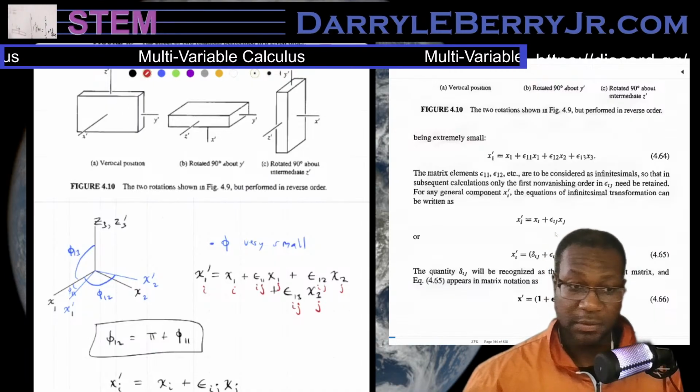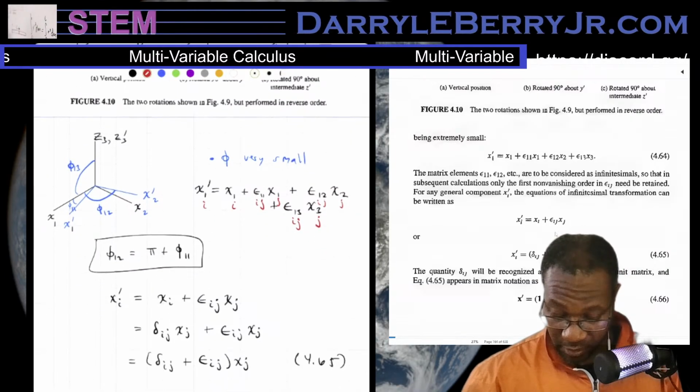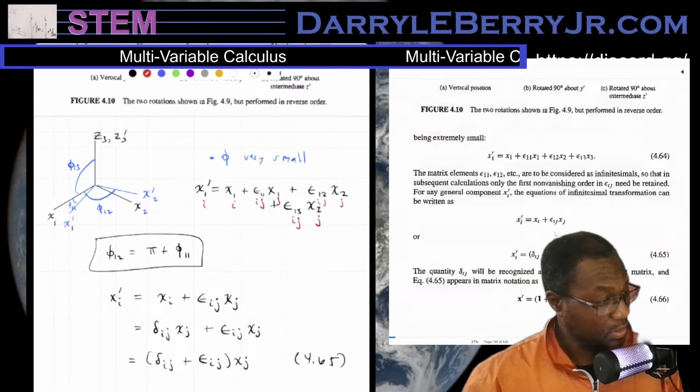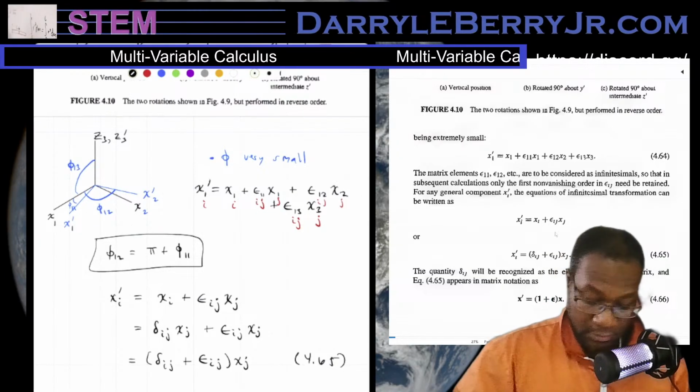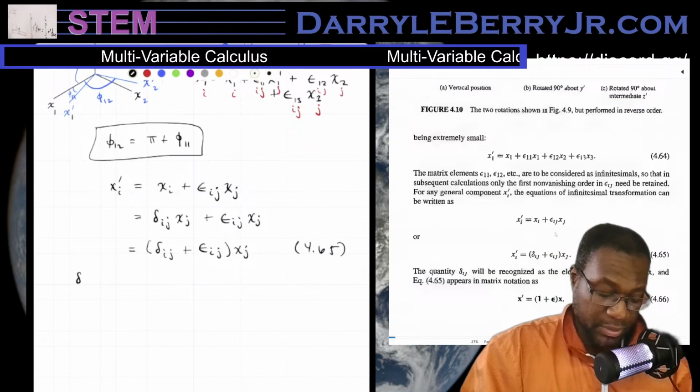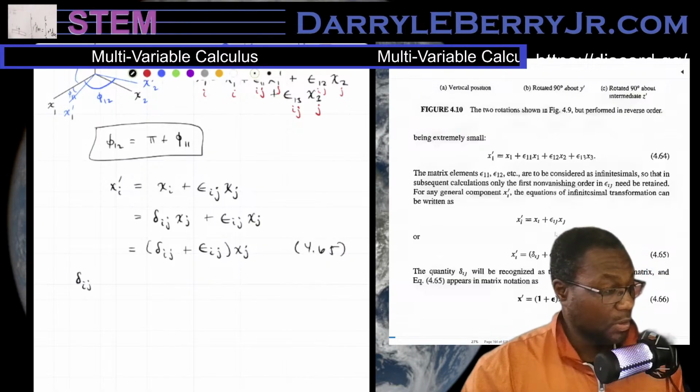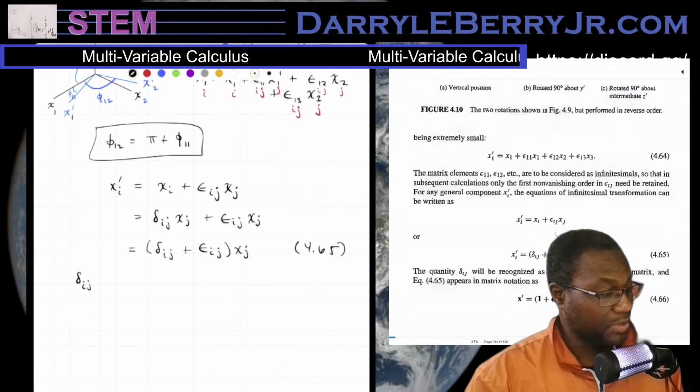And so it does work out with what we had before. The quantity delta ij we recognize as an element of the unit matrix.